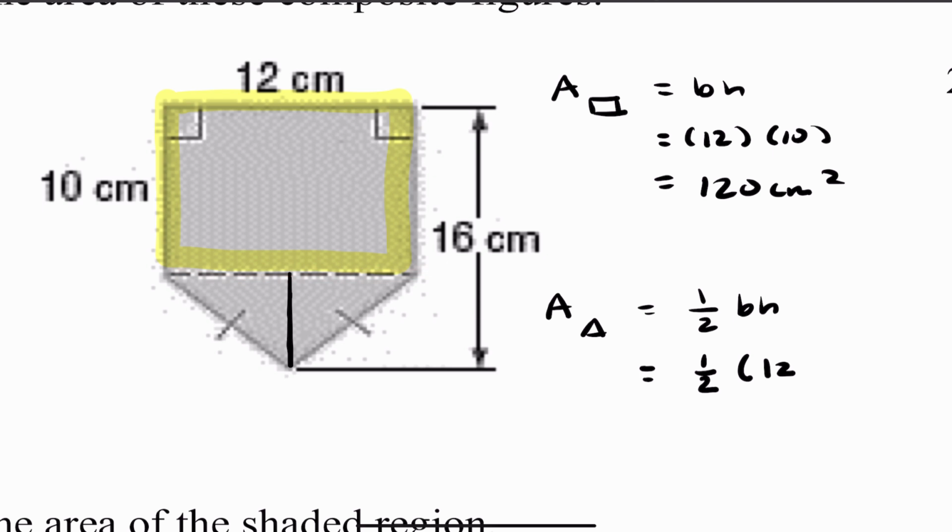Well, what is this length? Well, we know that this is 16. This is 10, so what's left over? It's actually 6, so it's 12 times 6. So 1/2 of 12 is 6, and 6 times 6 is 36 centimeters squared.